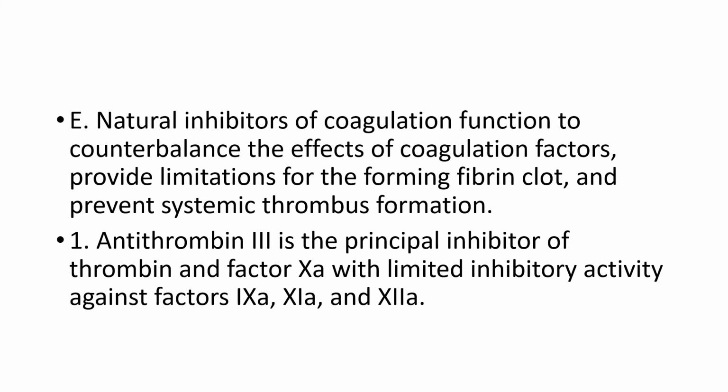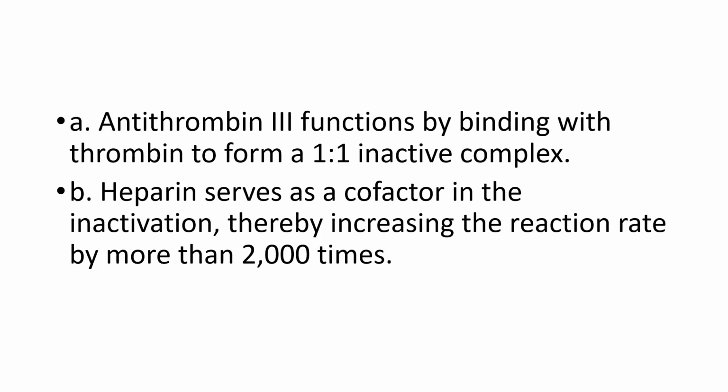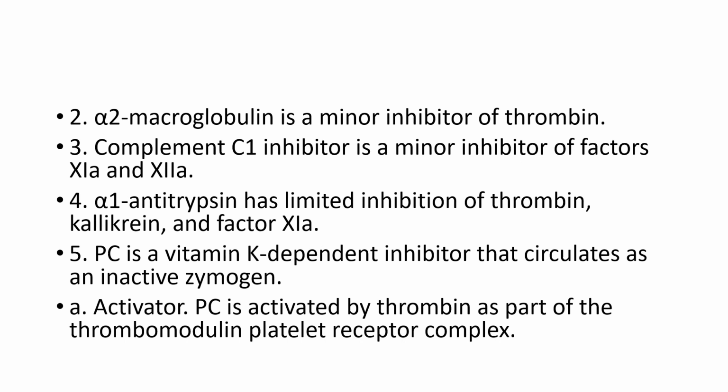It can also exhibit limited activity against 9A, 11A, and 12A. It functions by binding to thrombin in a 1:1 active complex. And the main factor here is heparin as a cofactor, which can make the reaction faster by 2000 times or more.